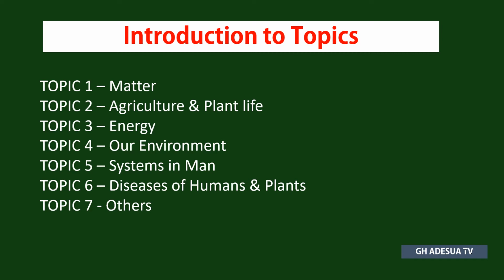Talk about those of plants, how they affect plants, plant production, etc. Then when we are done, we'll look at some other topics that are relevant for you to excel in the BEC. So there's a gist of what we'll be doing for the next few months till we write the examination.